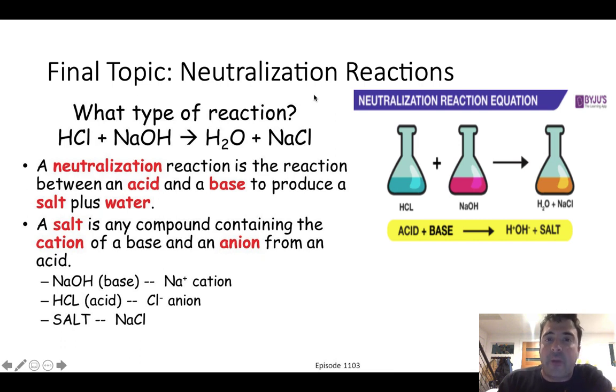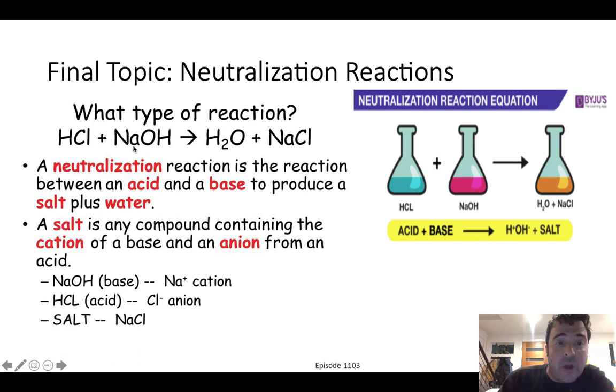Now, the final topic for today is neutralization reactions. Neutralization reactions happen whenever you take a strong acid and react it with a strong base. So if you take a strong acid and react it with a strong base, the hydrogen will pop off of the acid, the hydroxide will pop off of the base, and the hydrogen and the hydroxide will react to produce water, H2O.